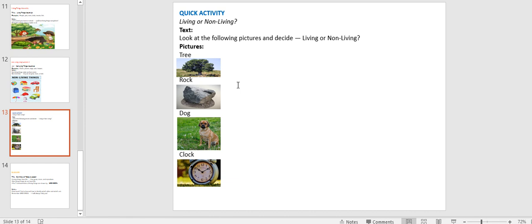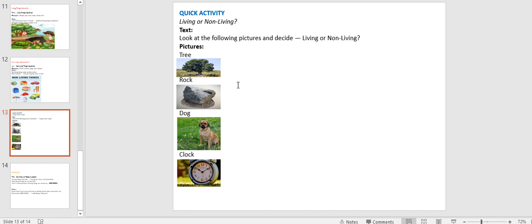A rock does not grow. A rock does not respond to changes in the surrounding. A rock does not respire. So a rock is a non-living thing. It does not possess any characteristic of a living thing.